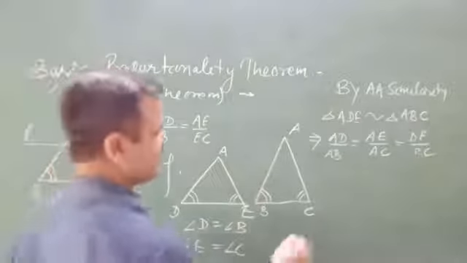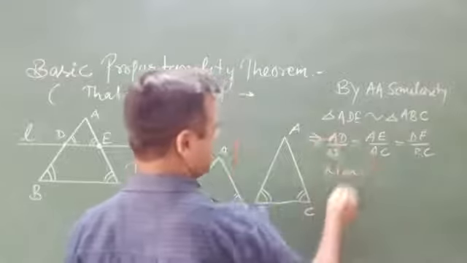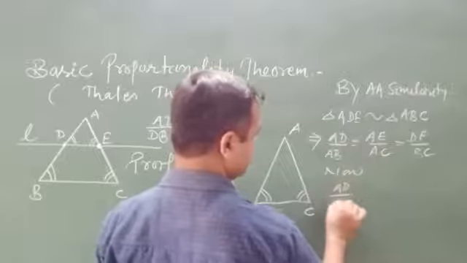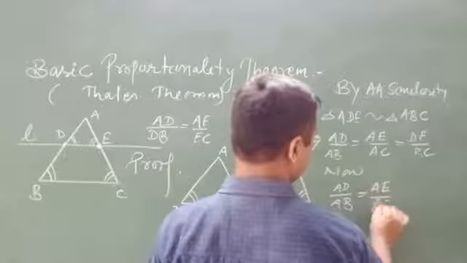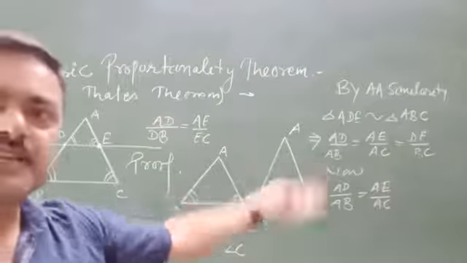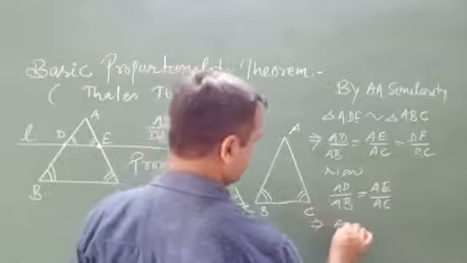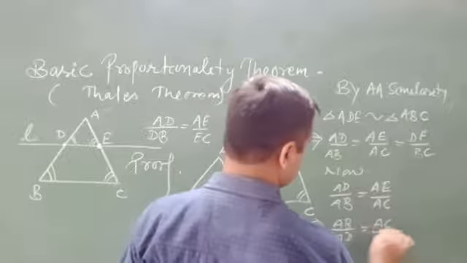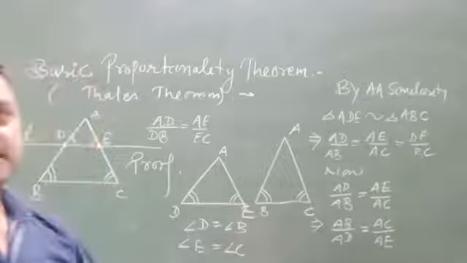Now take these two ratios: AD upon AB equals AE upon AC. This can also be written by reversing the two ratios as AB upon AD equals AC upon AE.